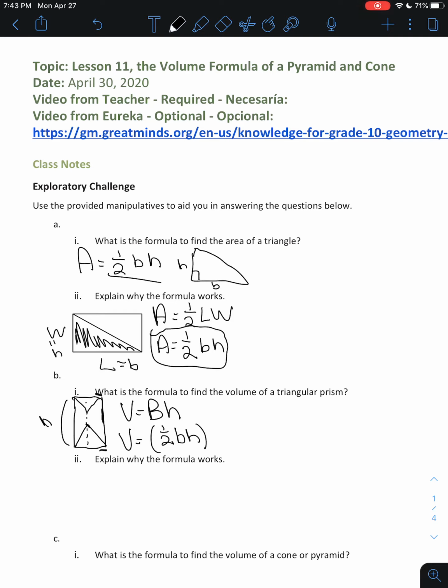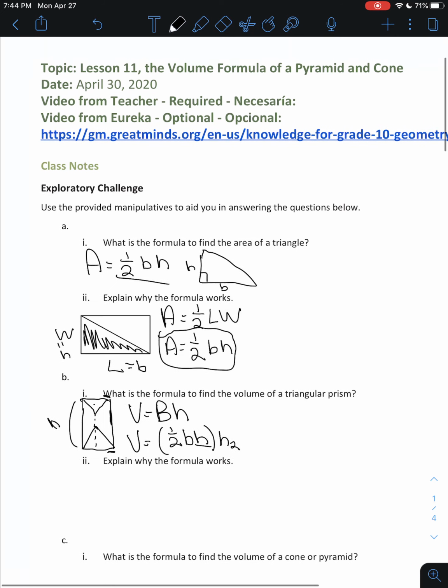So I might choose to call the height of the 3D shape H2, just to recognize that this second height is different from the height we used over here. So to explain why the formula works, you basically have to imagine that for any 3D shape, I think it's kind of easiest if we look at something like a cube.